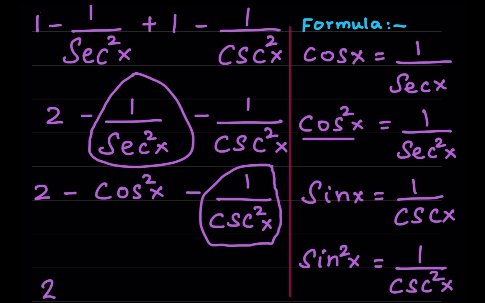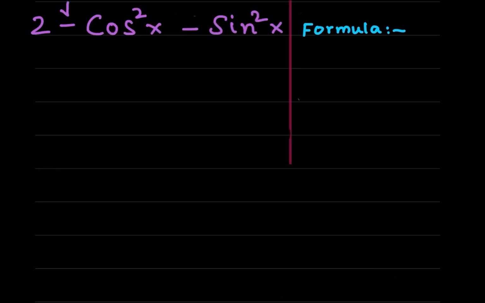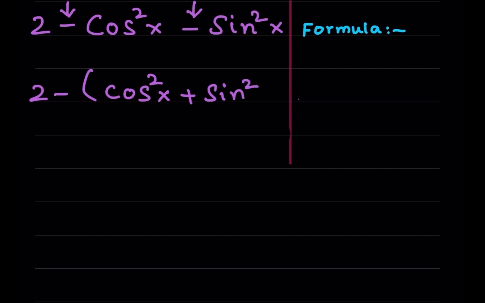So 2 minus cos square x minus, instead of 1 by cosecant square x, I'm going to write sin square x. Since there is a negative sign in both cos square x and sin square x, I'm going to take it out. So this becomes 2 minus cos square x plus sin square x. Since I took the negative sign out, sine square x becomes positive.